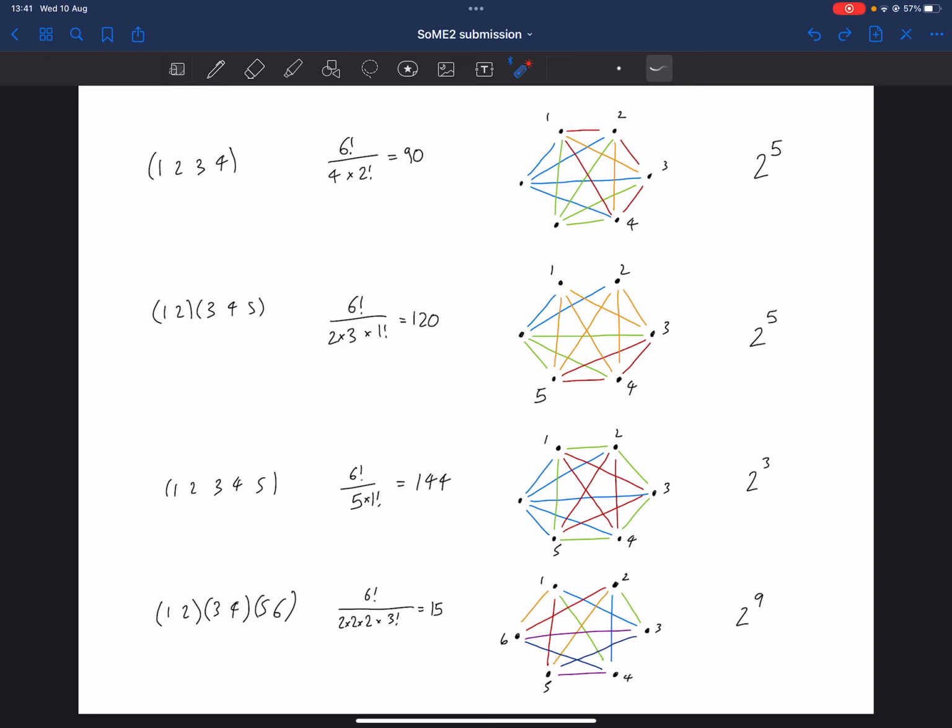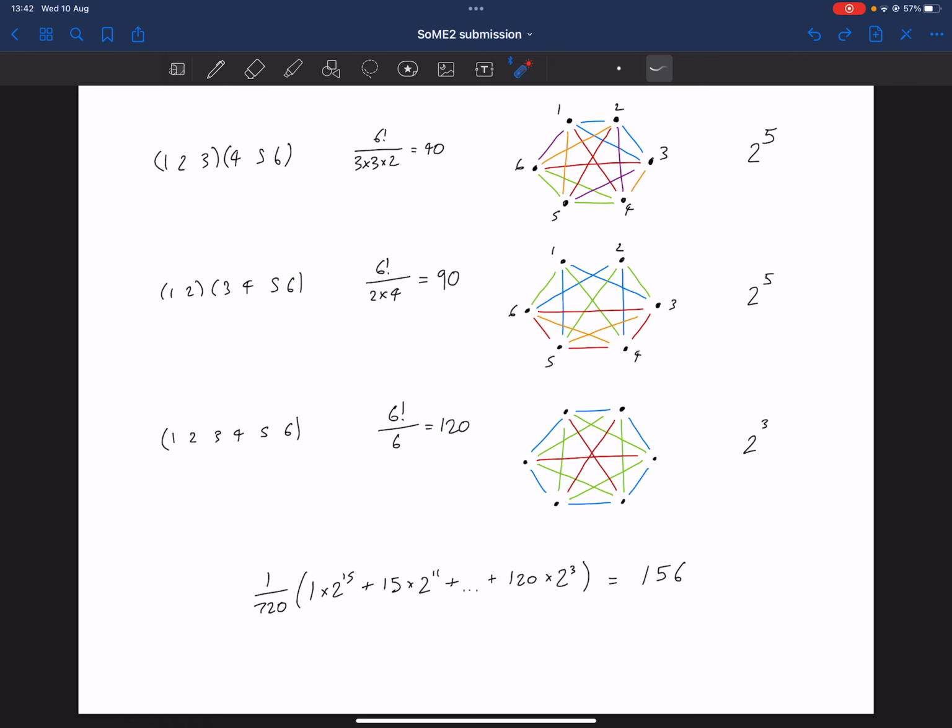And if we check how many choices we are making in this case, well, we need to choose whether or not to include each of the blue edges, each of the orange edges, each of the green edges, and also the red edges, and also this final free choice between 1 and 2. So that's 5 choices. So we have 2 to the 5 colourings, or rather, each of these 120 permutations fixes 2 to the 5 of these elements of A. They may be different for each of those 120 permutations.